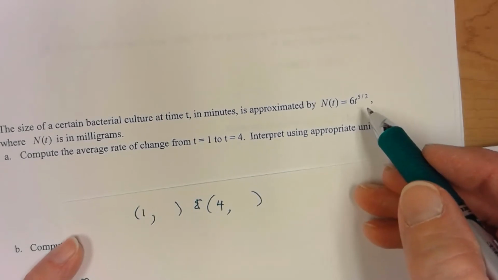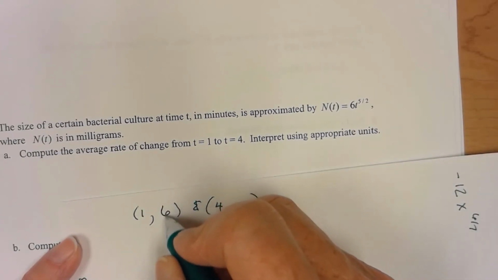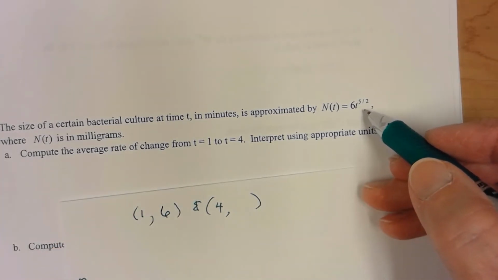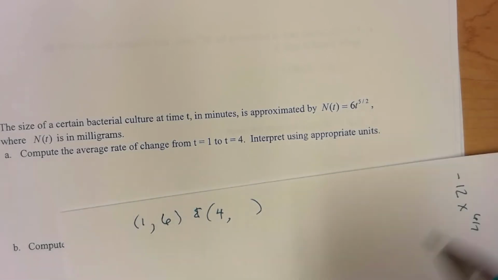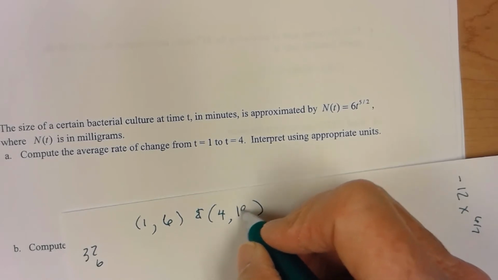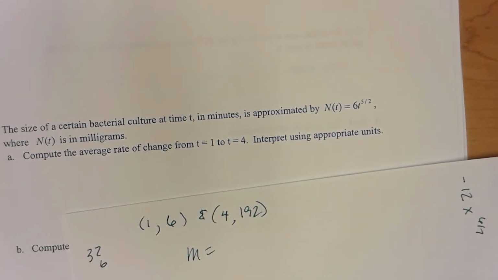Plug those in. Let me see, if I plug a 1 in, that looks like that should give me a 6. If I plug 4 in, oh boy, let me see, that'd be 32 times 6. 192, I believe. But go find your slope. That's what average rate of change is.